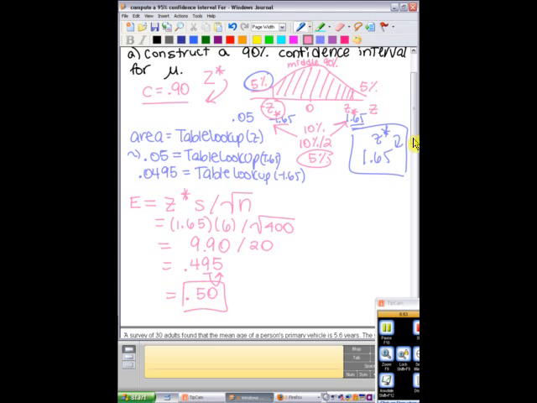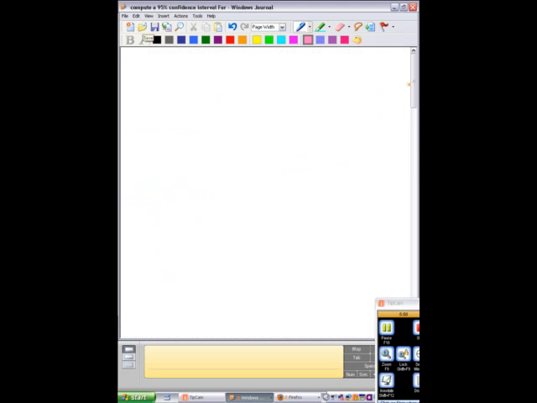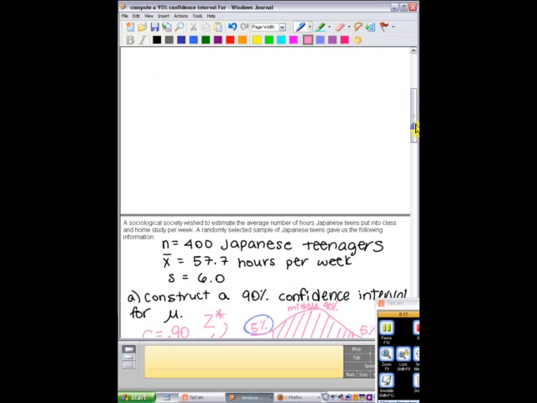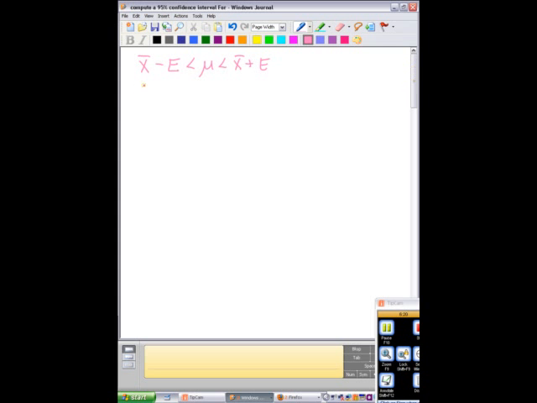Next, we're going to find the confidence interval. In order to do that, we have x bar minus e less than mu less than x bar plus e. By this stage, we have all the information we need. We're just going to plug it in. Our x bar for this problem was 57.7. The e we just found was 0.5.